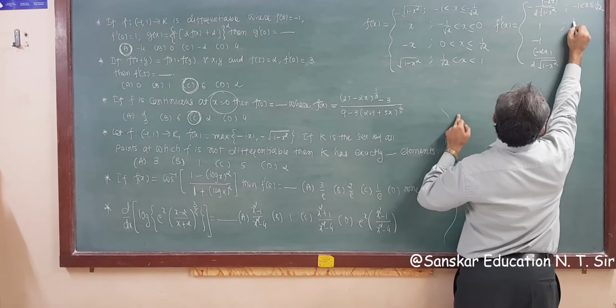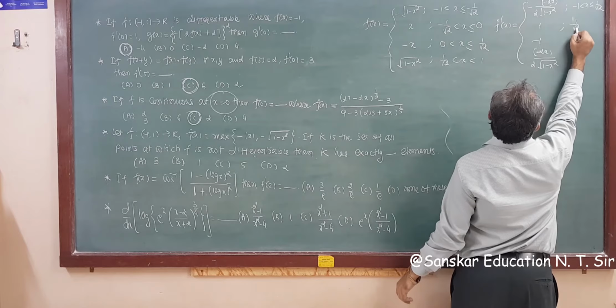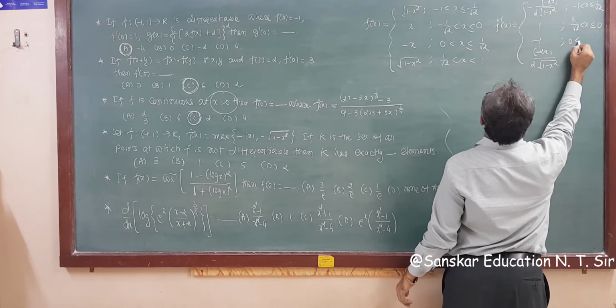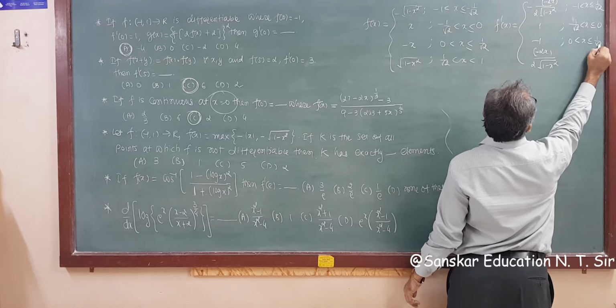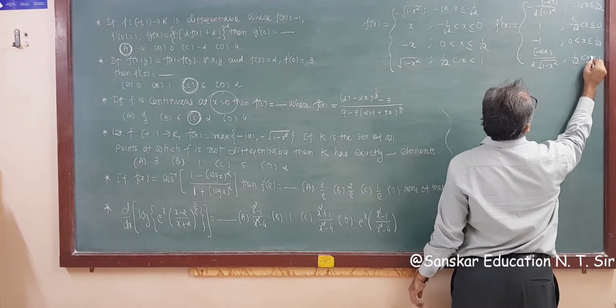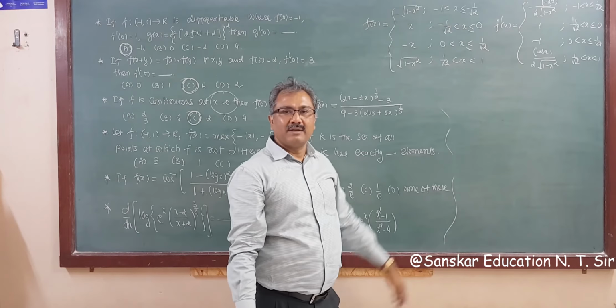So this is minus 1 upon root 2 less than x less than or equal to 0, here 0 is less than x is less than 1 upon root 2, and here 1 upon root 2 is less than x is less than 1. So these are the possible derivatives.